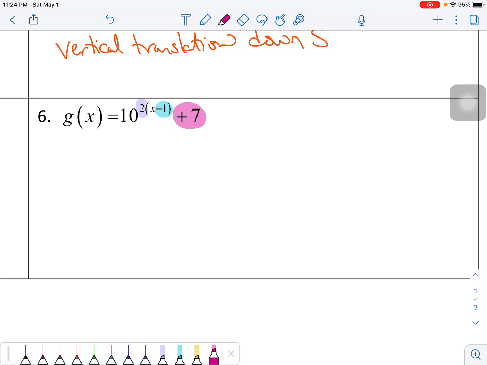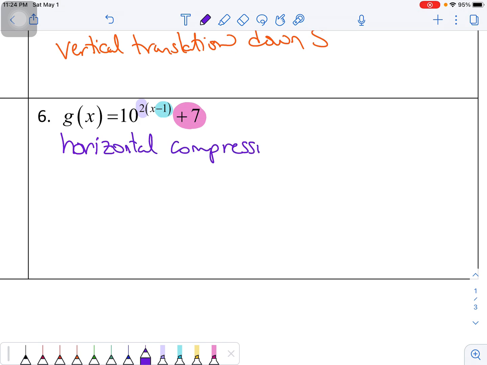Now, 2 of these, the 2 and the -1 here, are directly attached to x as part of the exponent. So they're going to be 2 horizontal pieces. So the first one, this 2 here, it's one of the goofiest ones that we deal with. It is a horizontal, and this is going to sound weird, but it's a compression.